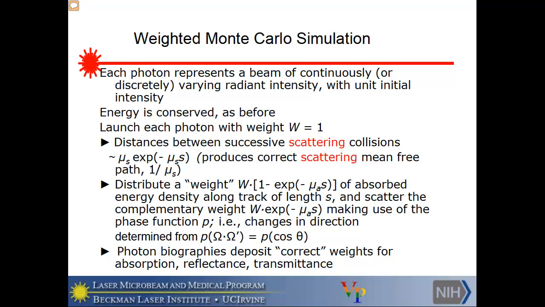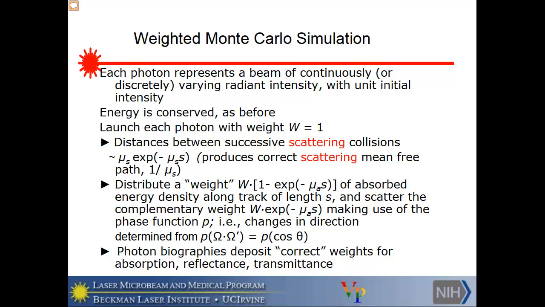By the time I get to the end of the track of length S, I've lost this much light. It was absorbed along the way. What's left is going to scatter in a different direction. So the weight is constantly diminishing, and the photon biographies, it can be shown, do correctly deposit the right weights for these same three quantities.